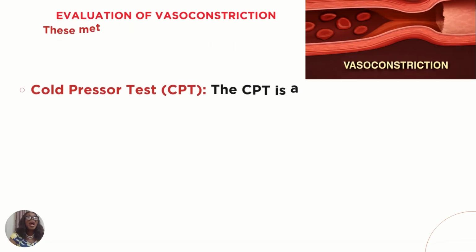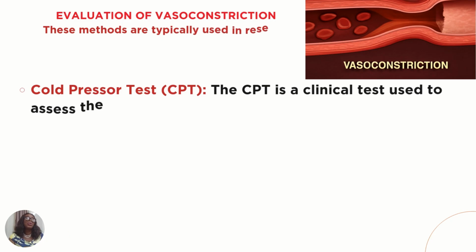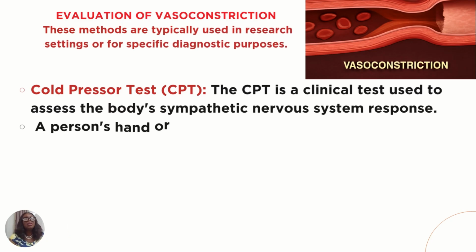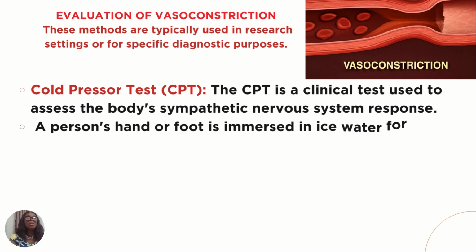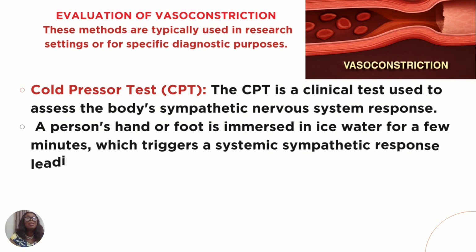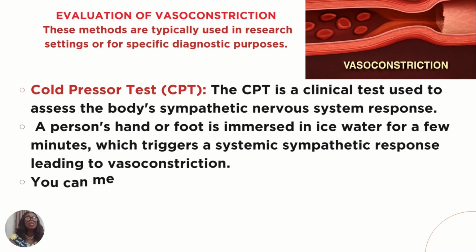We have also another technique that we can use to assess vascular reactivity. The technique is called CPT, cold pressor test. Cold pressor test is a test used to assess the body's sympathetic nervous system response.